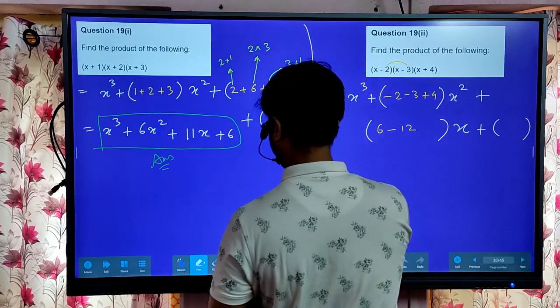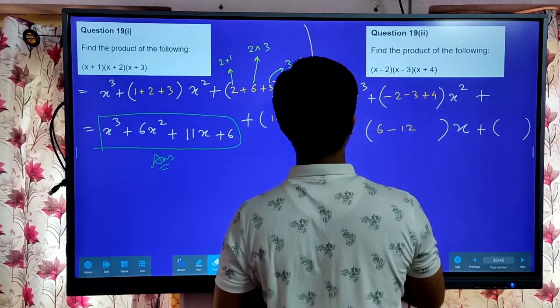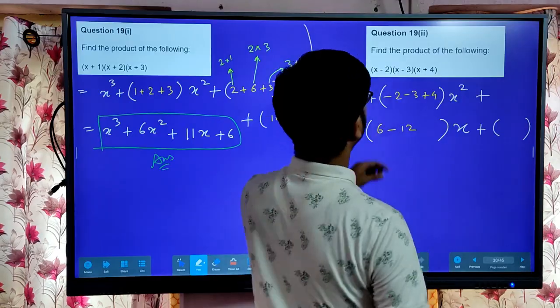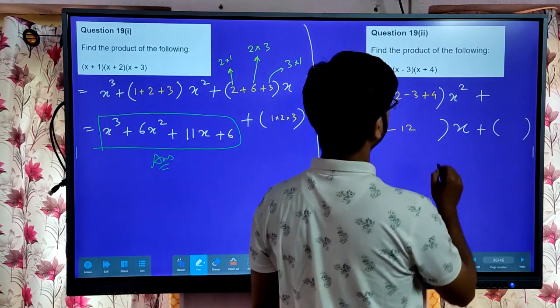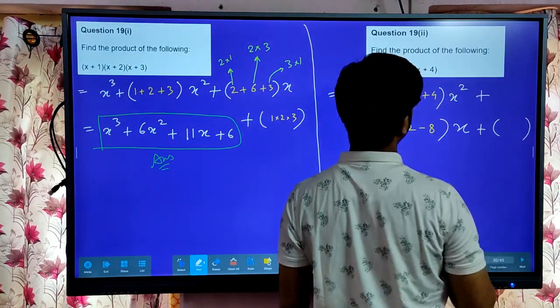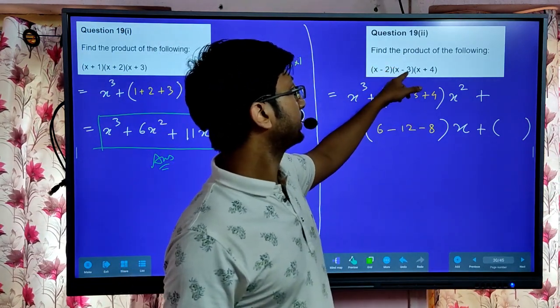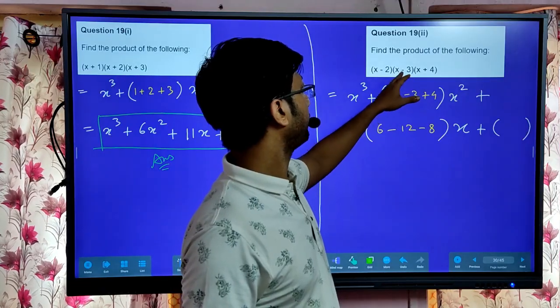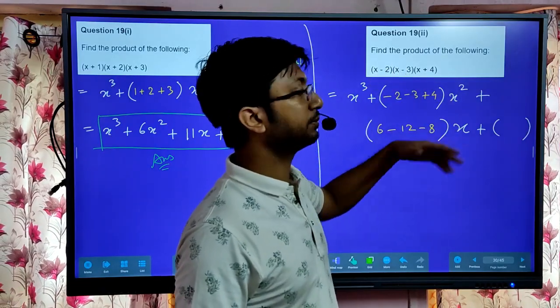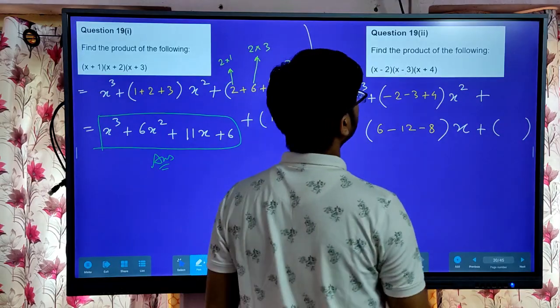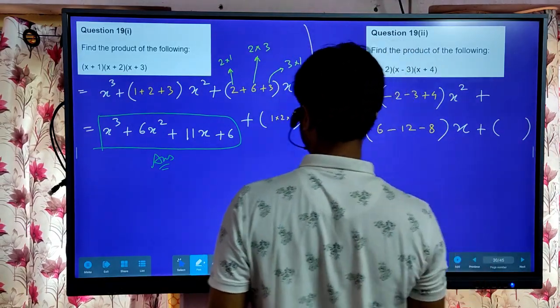Then ca, 4 into minus 2, minus 8. Understood? Now the product: 2 3s are 6, 6 4s are 24, and minus minus is plus, plus plus is plus, so ultimately plus 24.